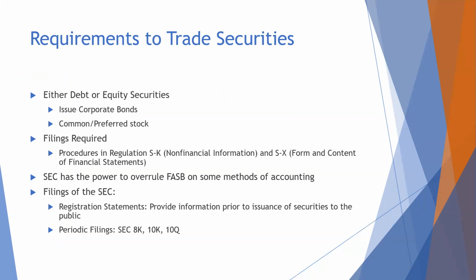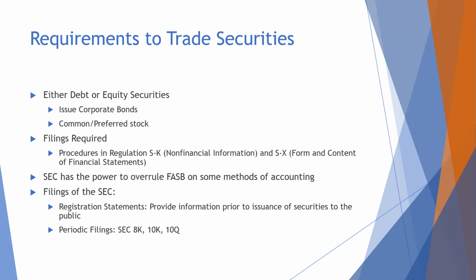Now, for a company to trade securities, they have to go through multiple steps. This focuses just on either debt or equity securities, such as companies that issue corporate bonds or companies that issue common and preferred stock. So there's a number of filings that are required prior to selling securities or bonds.